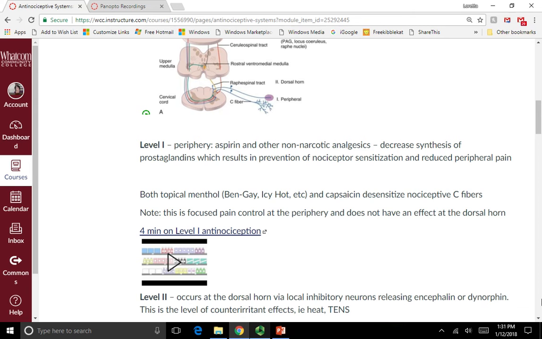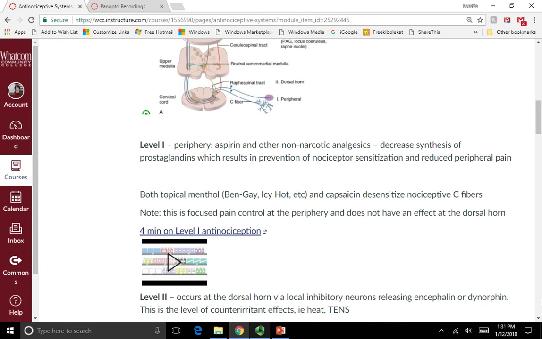Pretty cool, right? So topical menthol like Bengay or Icy Hot and capsaicin also desensitize nociceptive C fibers. So this is focused pain control at the periphery. It does not have an effect at the dorsal horn.